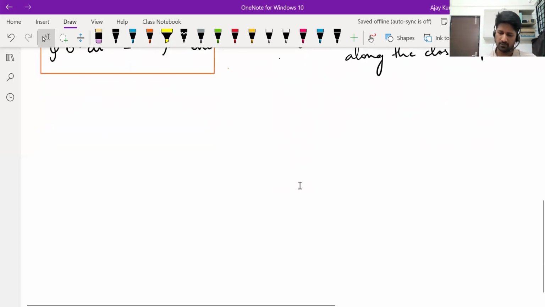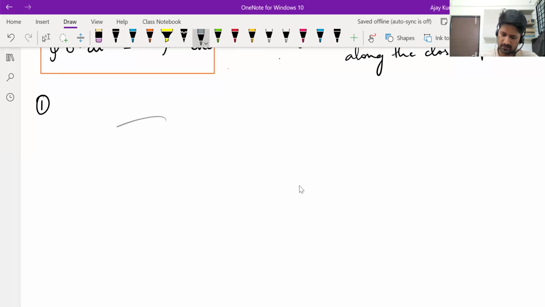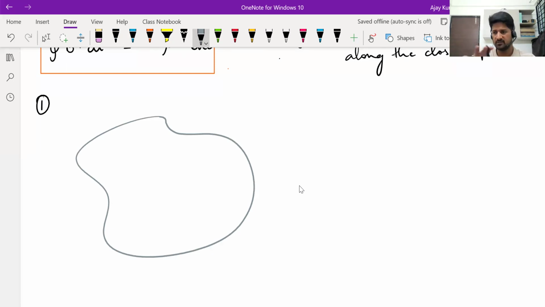Right, let us work on it a little bit. Let's solve problems based on Ampere's law. So suppose there is a random loop like this, a random closed path. This is just an imaginary closed path. It's not like a conducting loop or a copper wire or anything. And let's say there are some currents.